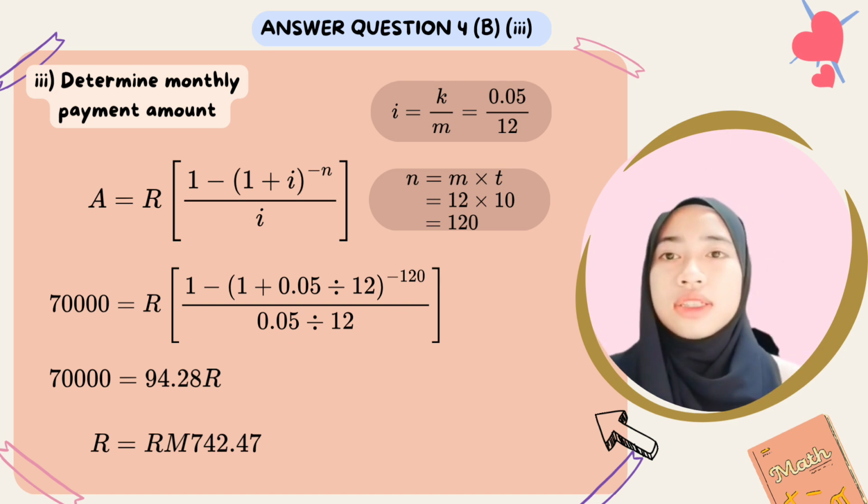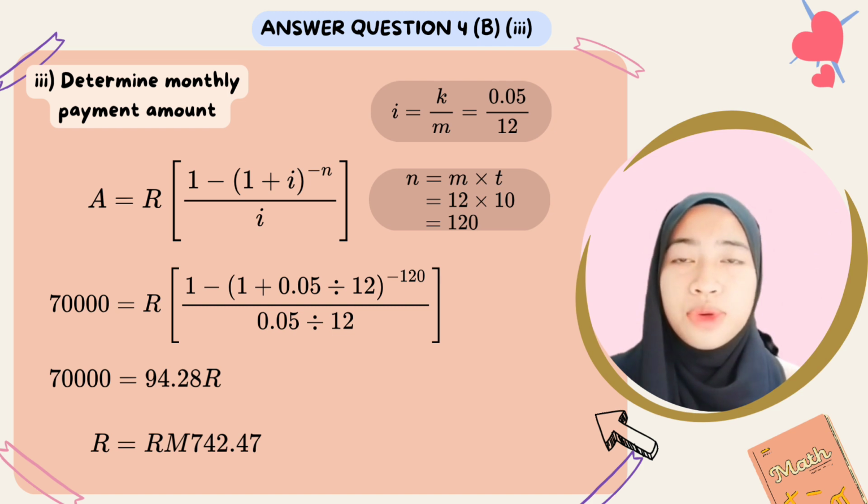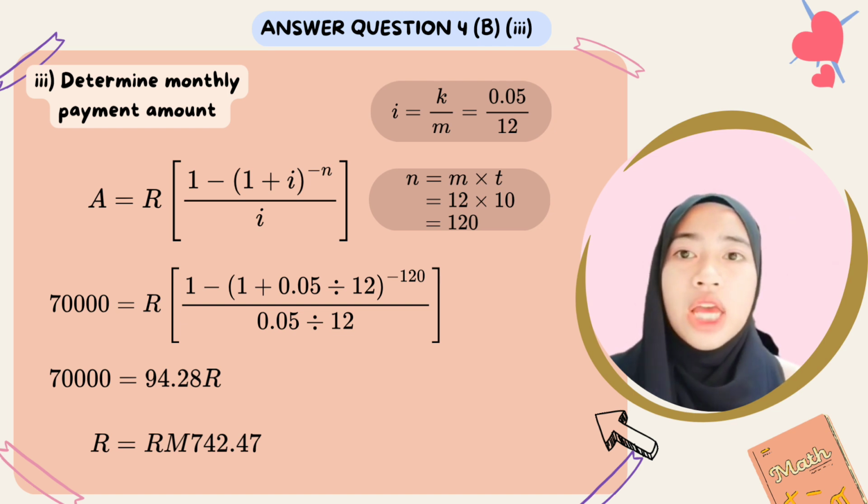And the value of A given in the question is 70,000 equals R bracket 1 minus bracket 1 plus 0.05 divided by 12 power of negative 120 divided by 0.05 divided by 12.